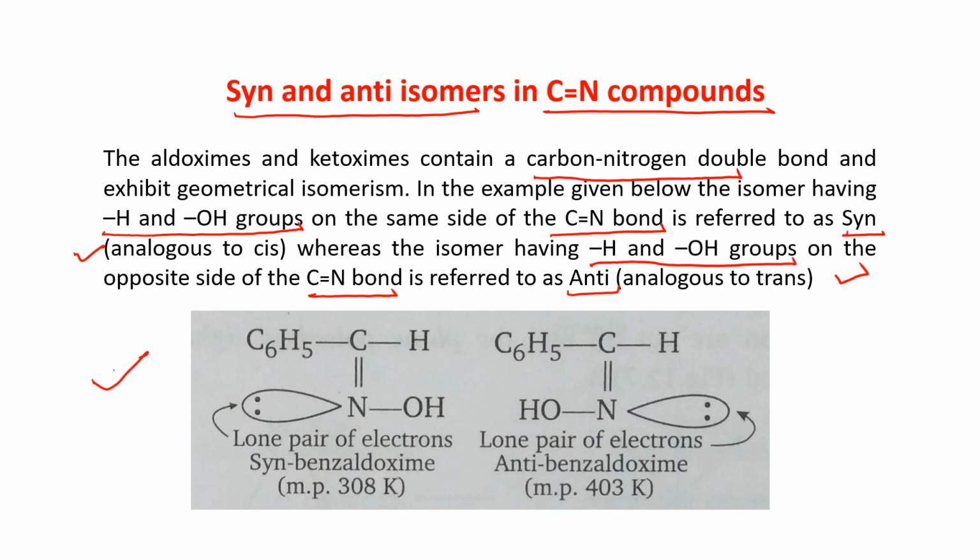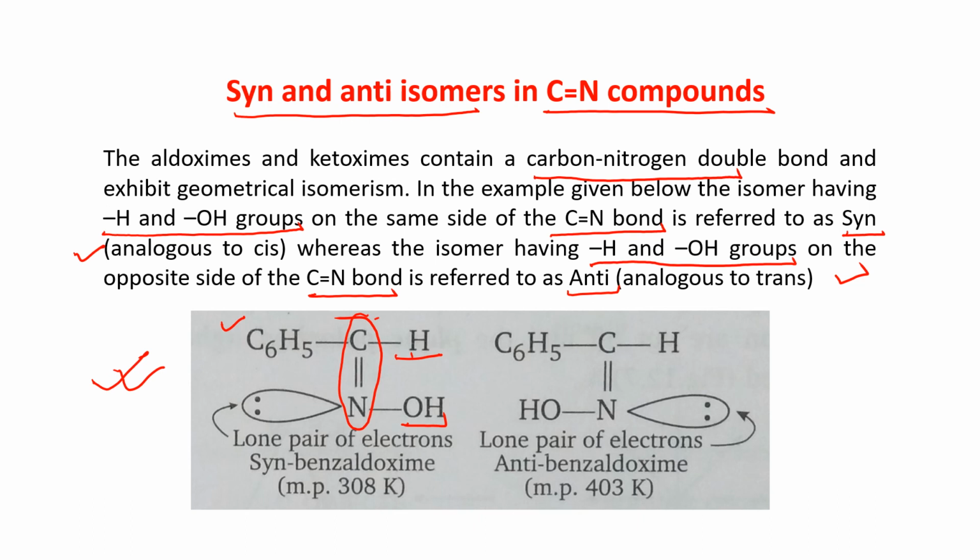Just see the example given here. This is having a carbon-nitrogen double bond. You can see here the hydrogen and OH groups are present on the same side of the carbon-nitrogen double bond. On the other side, C6H5 is present and there is a lone pair of electrons present on nitrogen.